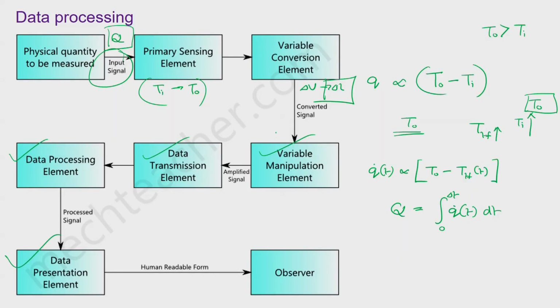So, all these four: one is variable manipulation, then two is data transmission, three is some further optional processing, and then number four is data presentation and recording. All this comes under the purview of the data processing unit, and we shall be discussing just a few glimpses of each of these with particular focus on the data manipulation part and also the data presentation part.